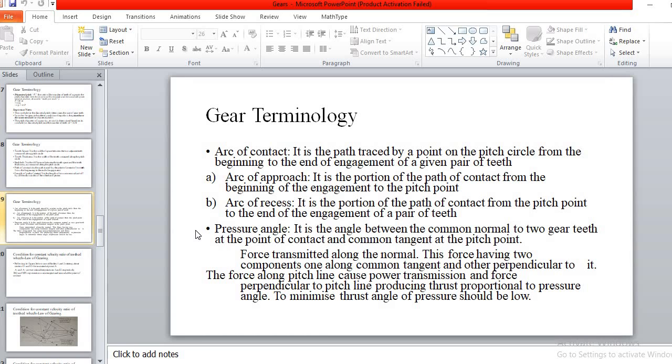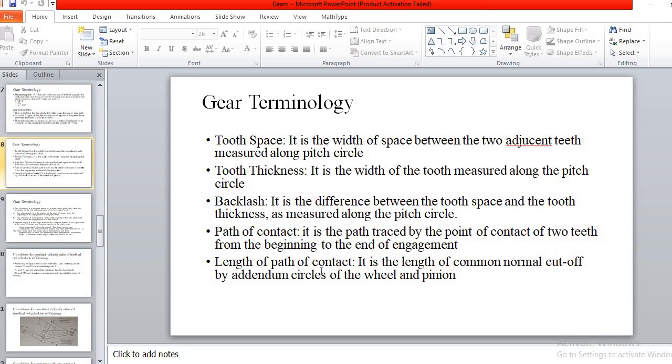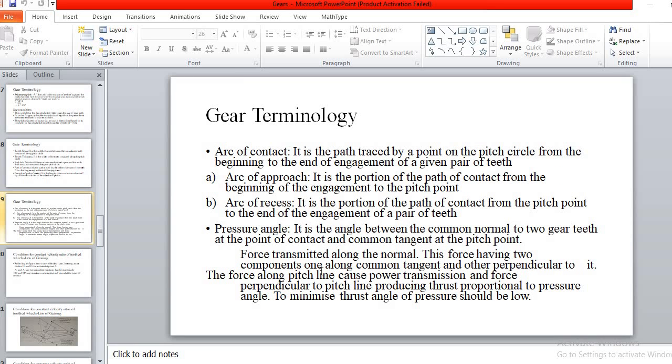There are again some terms, such as the pressure line, which is the common normal at the point of contact of the two meeting gears, and which is the line from the pitch point to the point of contact of the two gears.